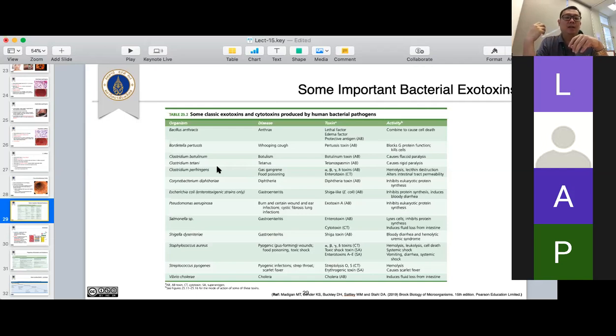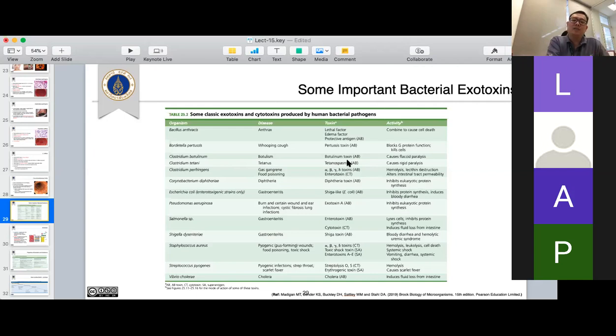coli, in Pseudomonas, in Salmonella. One bacteria can produce many types of toxin, okay? Botulinum toxin, tetanus toxin, this is tetanus toxin, AB type. Corynebacterium diphtheriae also produces AB type toxin, diphtheria toxin. There are so many toxins like this.